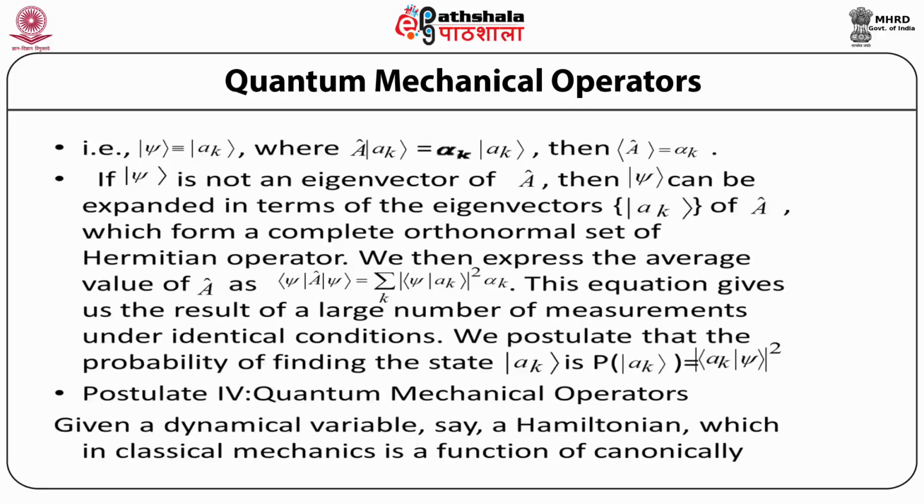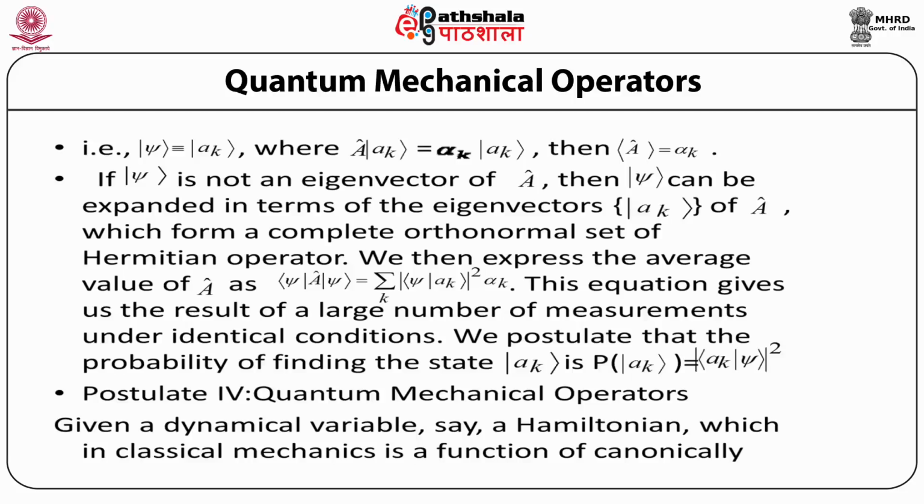Now, if the ket vector psi is not an eigenvector of the operator A, then the ket vector psi can be expanded in terms of the eigenvectors, the ket vectors ak of the operator A, that is the entire set of the eigenvectors ak of the operator A, which form a complete orthonormal set of Hermitian operators.